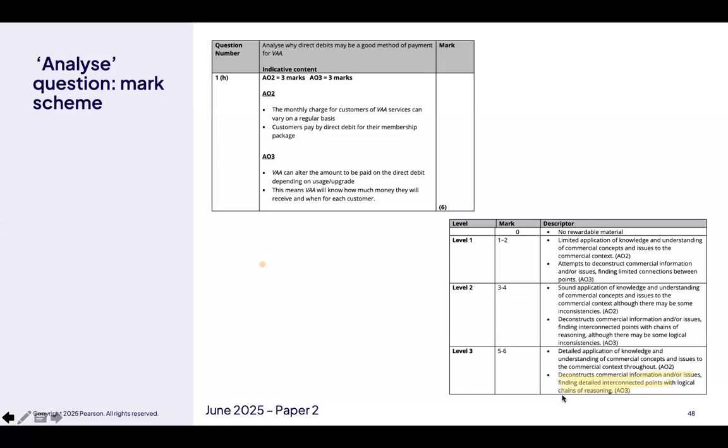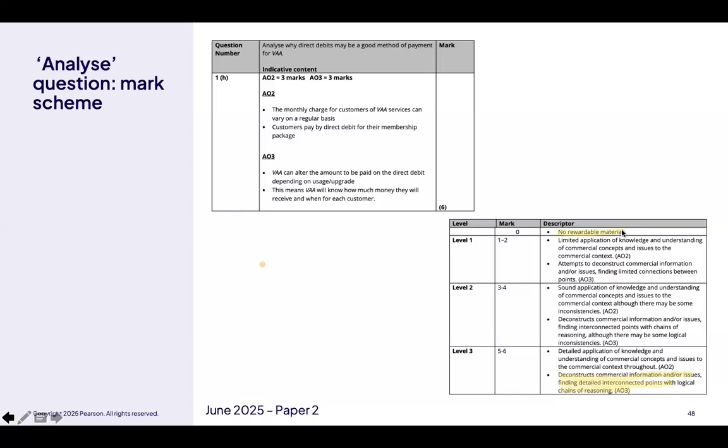So imagine the student response that does this, that I've put there. There's at least 5 linked strands of development, and in that way, it's really good. But in terms of application, it is not in the context of the business at all.